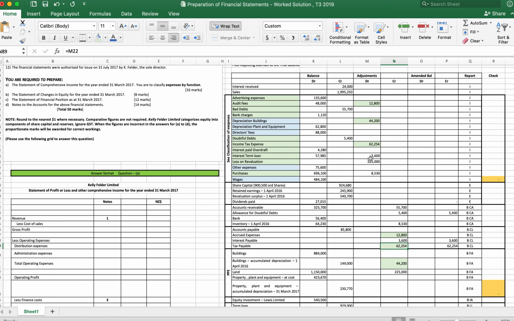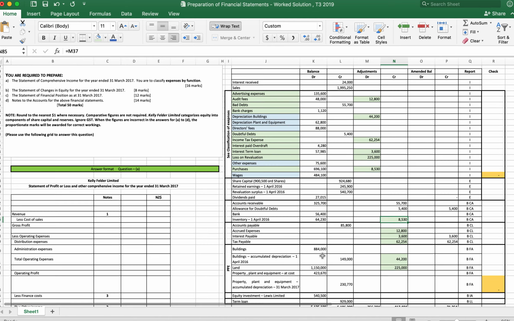Right, 36. I can see the 36 and the 36. Okay, 225, 225, 225. Cool. 8530. 8530.